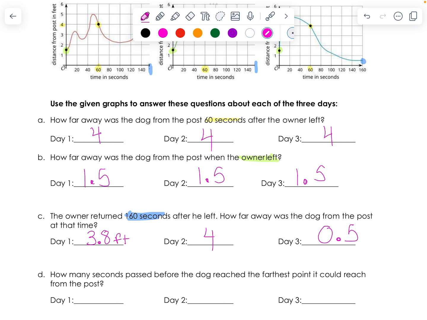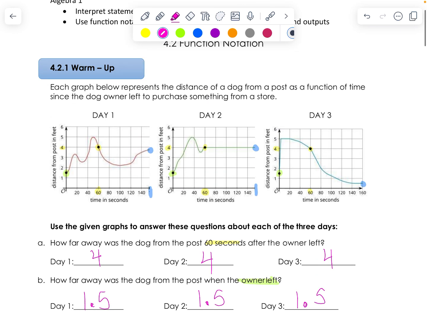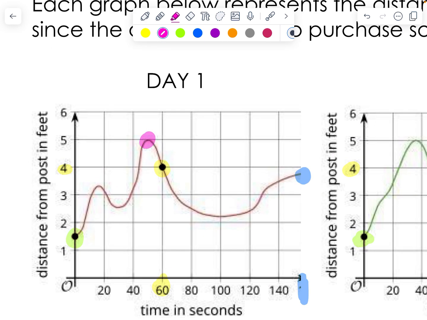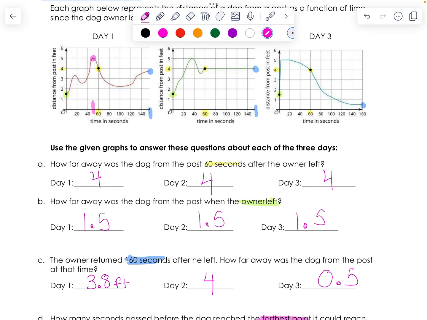Okay. Question D says, how many seconds passed before the dog reached the furthest point he could from the post? So for day 1, the furthest point that the dog reached is up here at 5, and that was around 50 seconds.